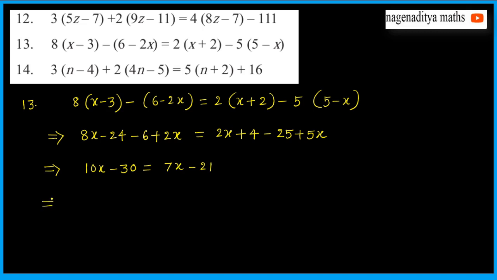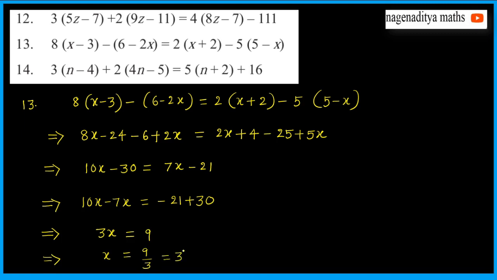This implies 10x minus 7x is equal to minus 21 plus 30. So 10x minus 7x is 3x. So 3x is equal to minus 21 plus 30, that is 9. This implies x is equal to 9 by 3. So this is equal to 3.